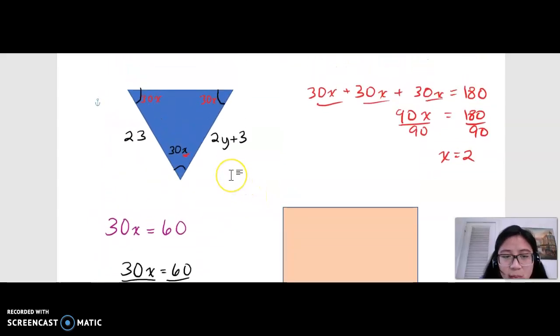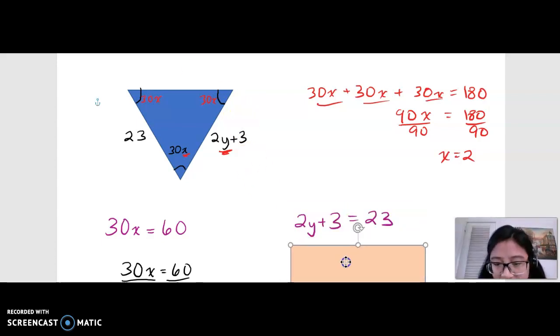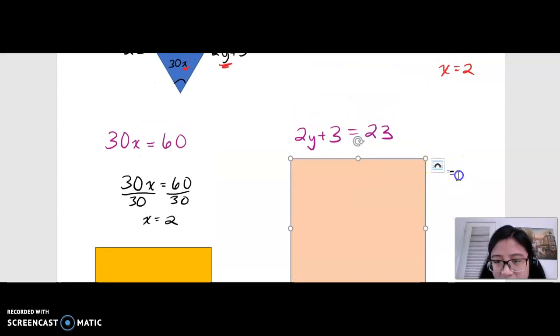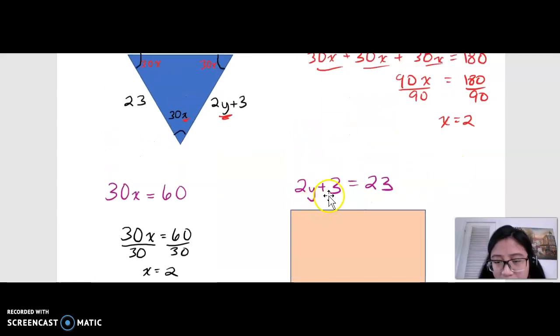Now let's look at y. We want to solve for y now. Knowing what we just reviewed, how would we set up the problem here? I'll give you some time to think about that. Okay, if you said 2y plus 3 is equal to 23, that's correct.